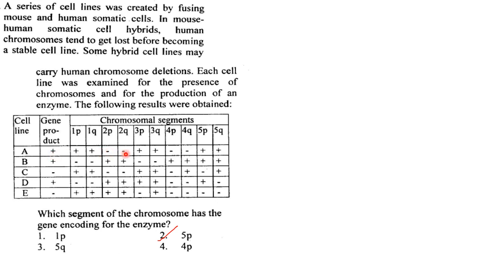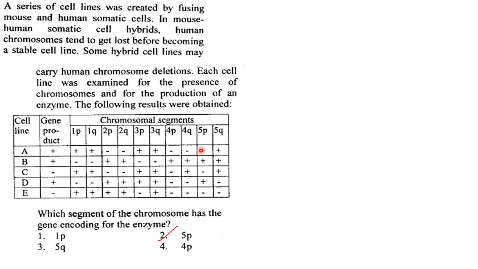So they are not the chromosomal segments. In option 3, you can see that it is 3P and 3Q, but the gene product is not formed for B. So they are not correct. 4P and 4Q also similarly you can eliminate.